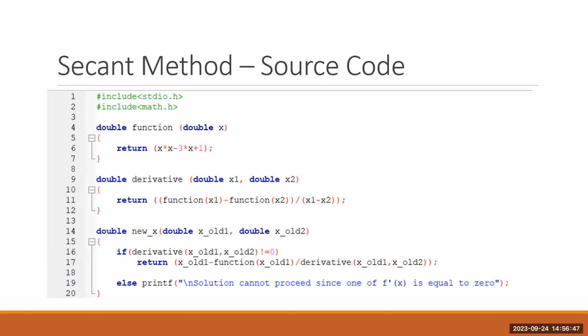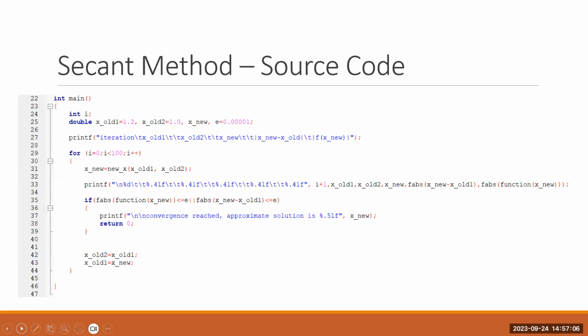And then another function, new x, which calculates a new approximation for the root using the secant formula, as shown earlier. If the derivative of this is 0, it prints an error message indicating that the method cannot proceed.